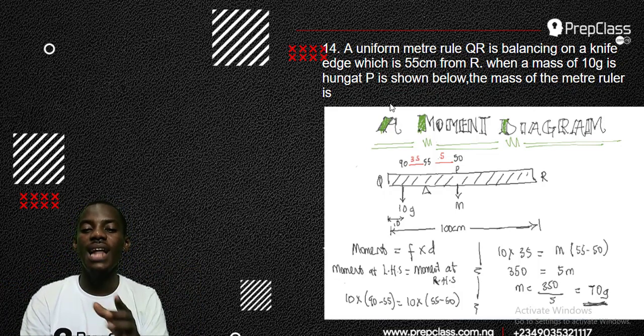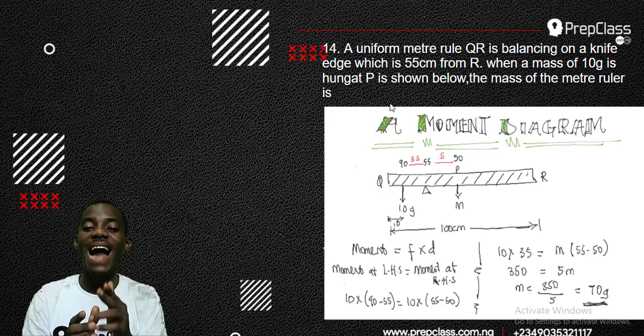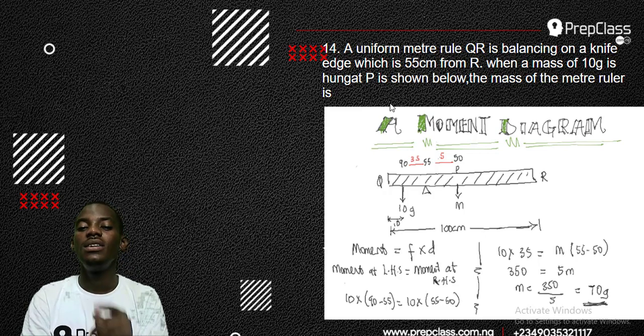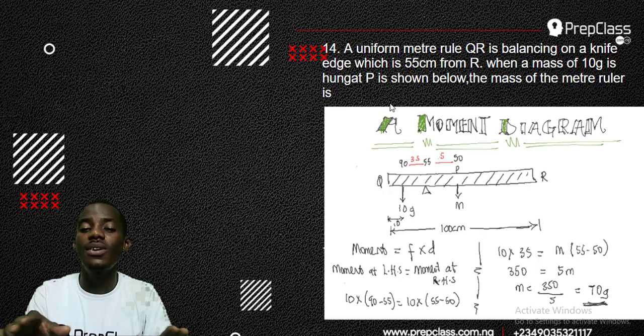Okay. Now the pivot is at 55 from the question. We have the edge of the knife at 55 centimeters. So from 90 to 55, the distance of the 10 gram mass is therefore 35. Now, the second mass is hanging at 50, because the middle of the rod is 50, since the entire rod is 100.